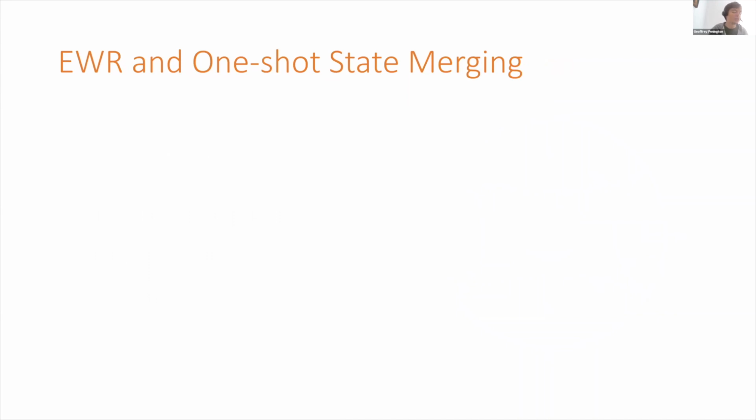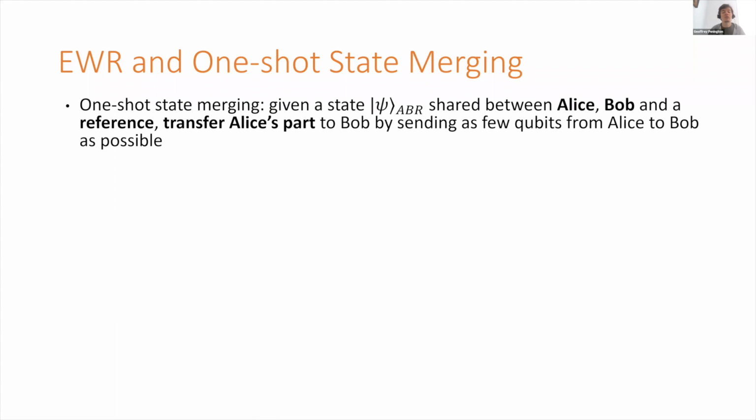So now I want to briefly talk about the connection to one-shot state merging. What is one-shot state merging? It's the following question. We assume that there's some pure state psi ABR that's shared between Alice, Bob, and a reference system, someone else.